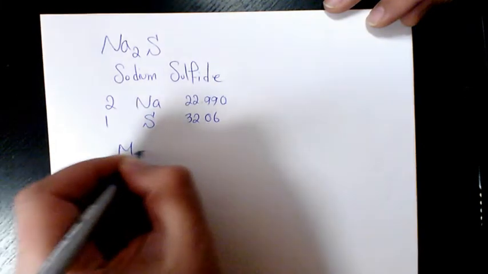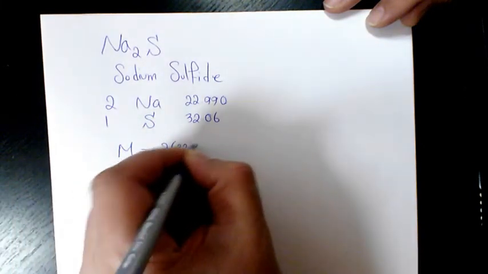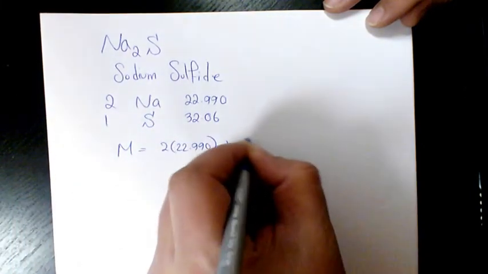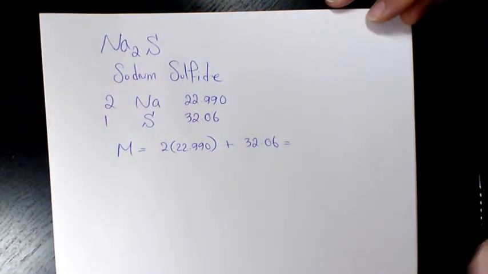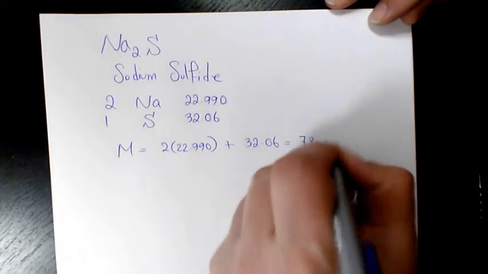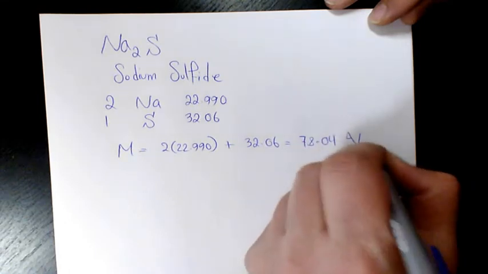So M will be 2 times 22.990 plus 1 atom of S, 32.06. So 2 times 22.990 plus 32.06, that's going to give me 78.04 grams per mole.